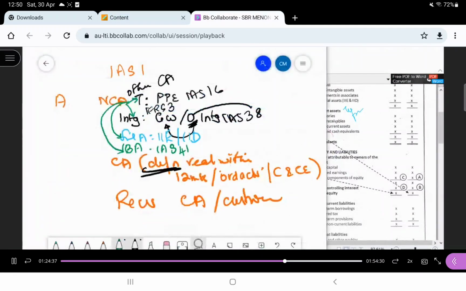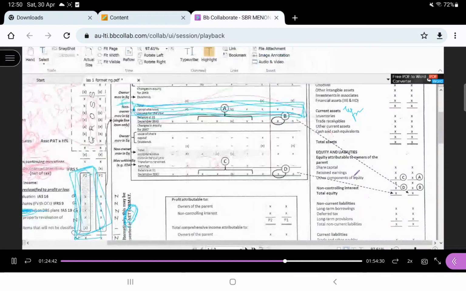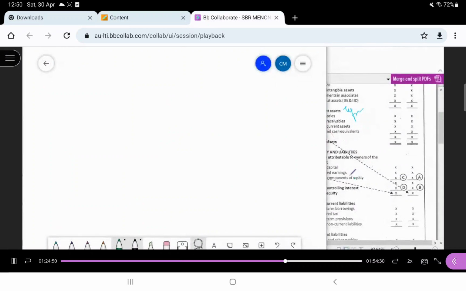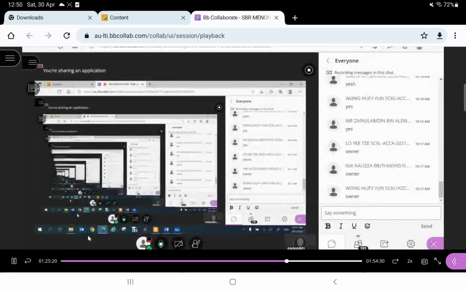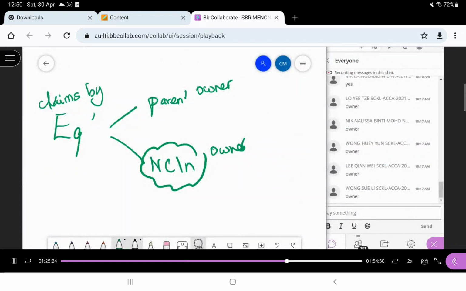Now come to equity. Observe these two words: equity attributable to owners of the parent and NCI. Now, I'm going to explain something. Claims by, hello? Claims by who, dear? That's right. Who are the owners?